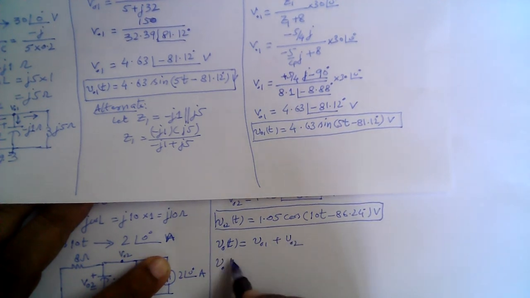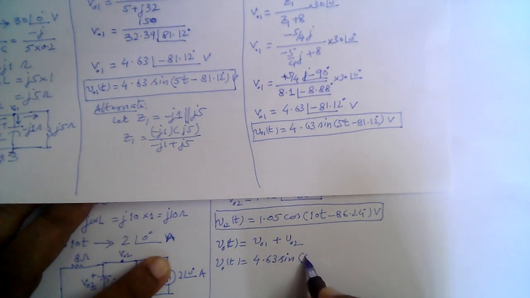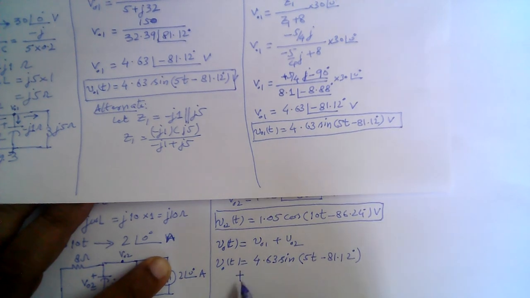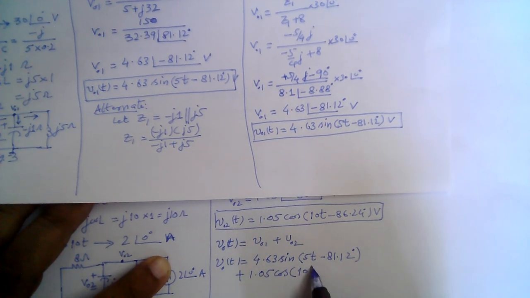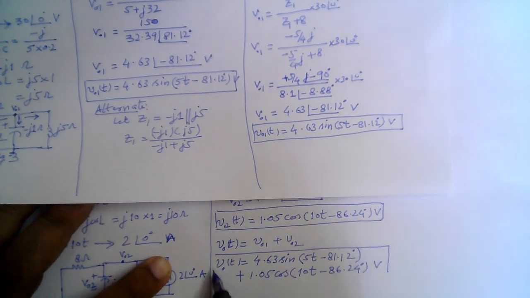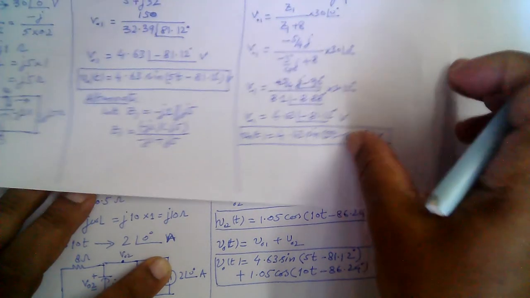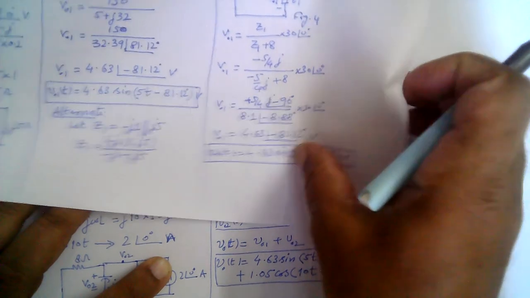So V0(t) is given by V01, which was 4.63 sin(5t minus 81.12 degrees), plus 1.05 cos(10t minus 86.24 degrees) volts. So this is the voltage V0 due to both these sources operating at different frequencies.